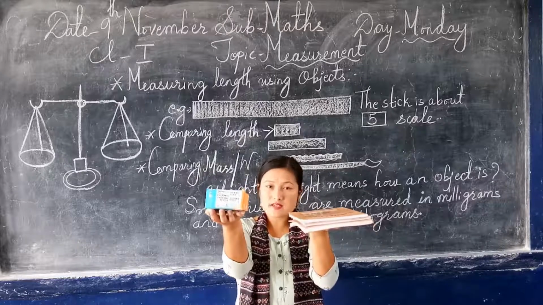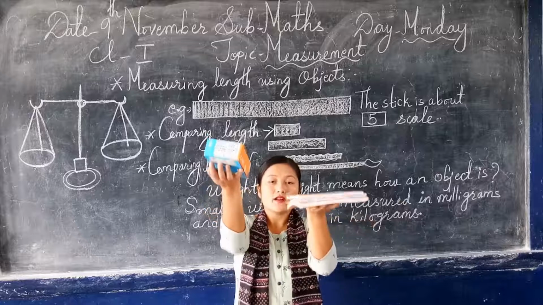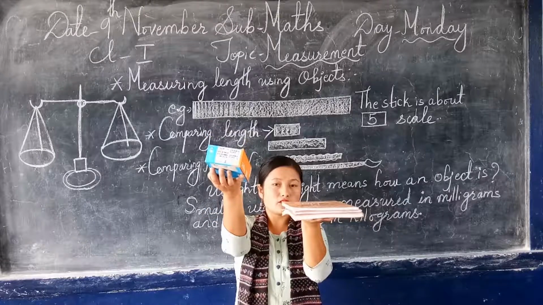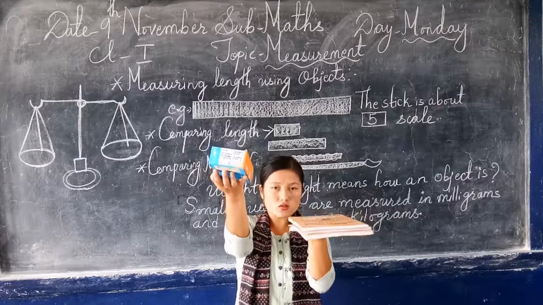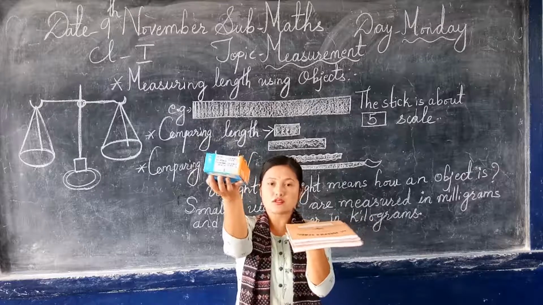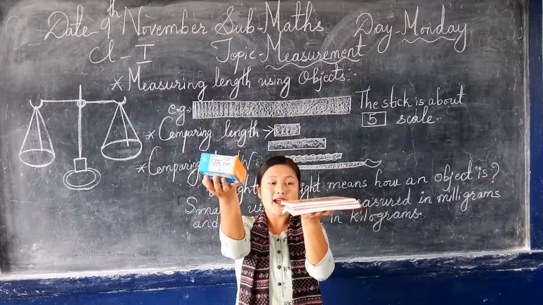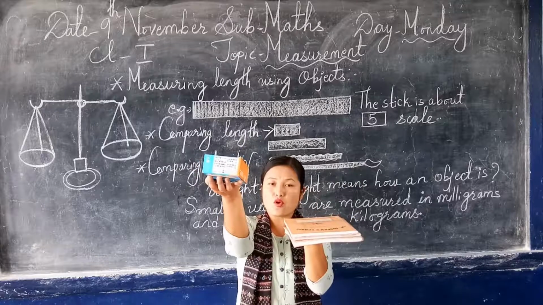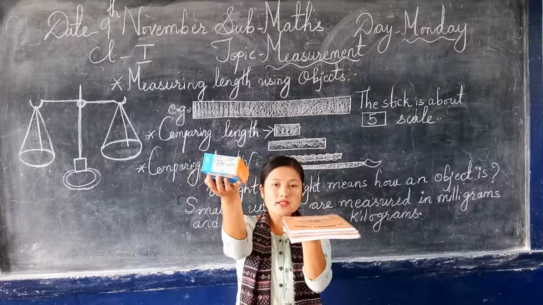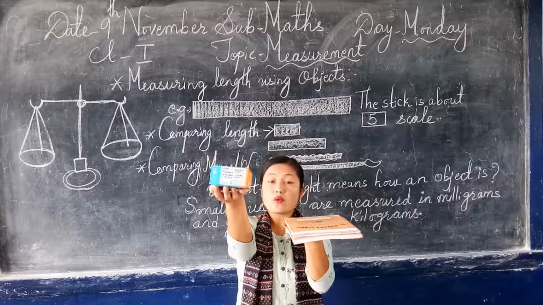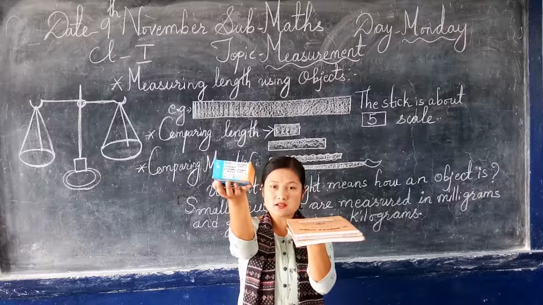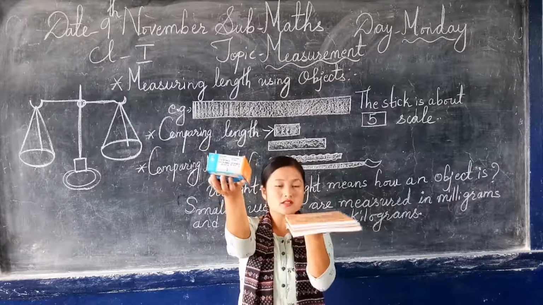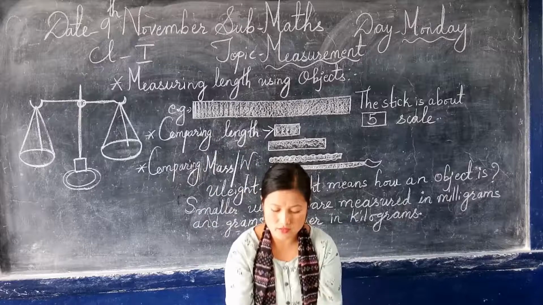I am balancing these 2 objects. The 3 copies are downwards and this box is upwards. So here we can notice that these 3 copies are heavier than this 1 box, and this box is lighter. That's why it is upwards and these 3 copies are downwards.